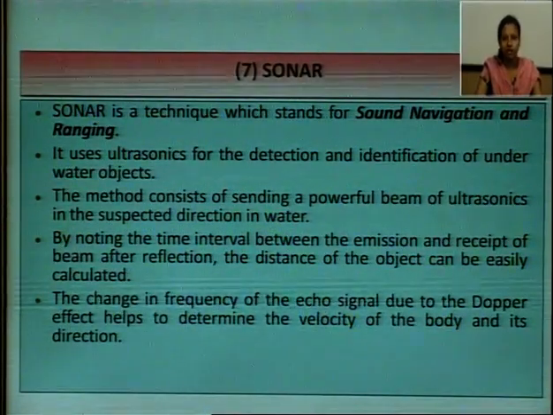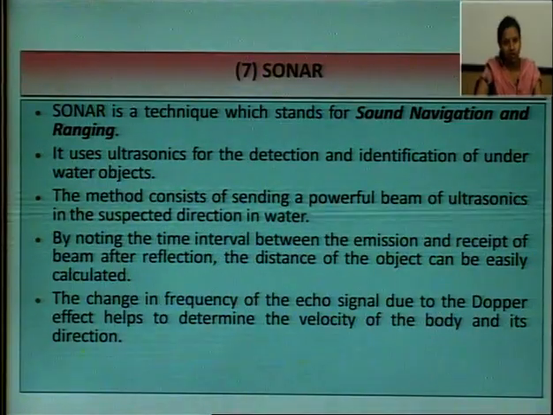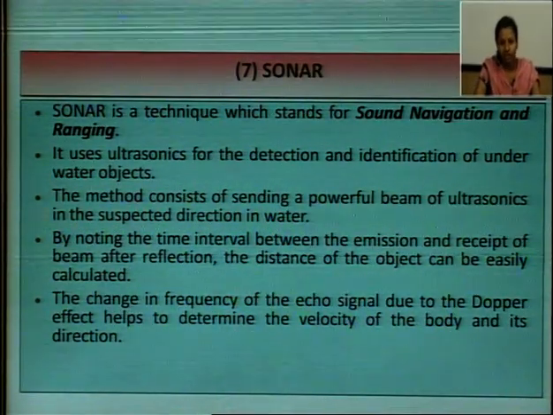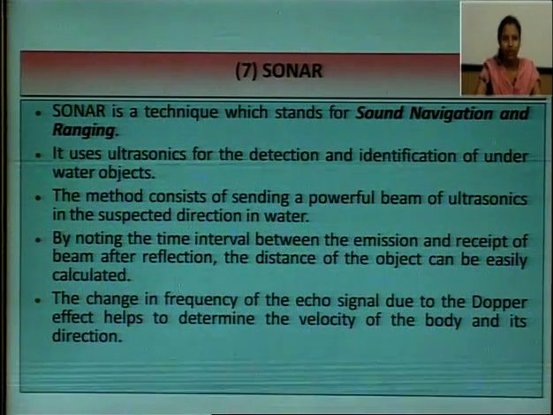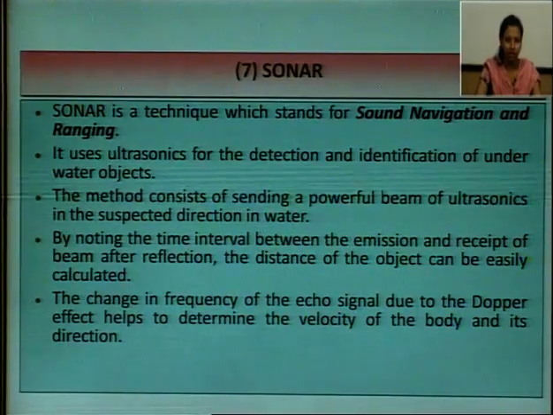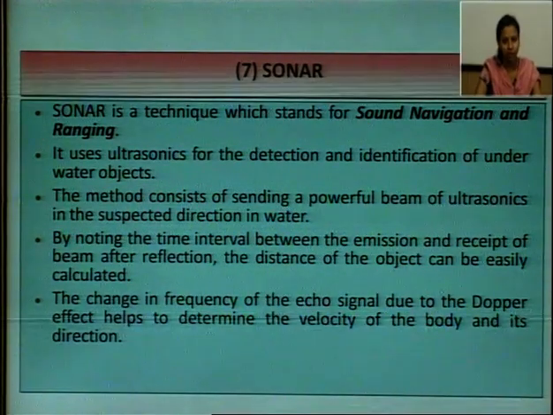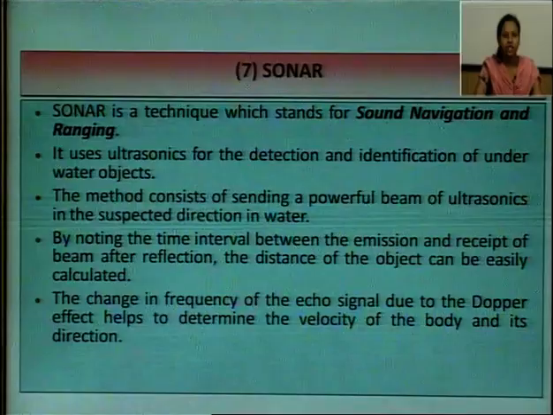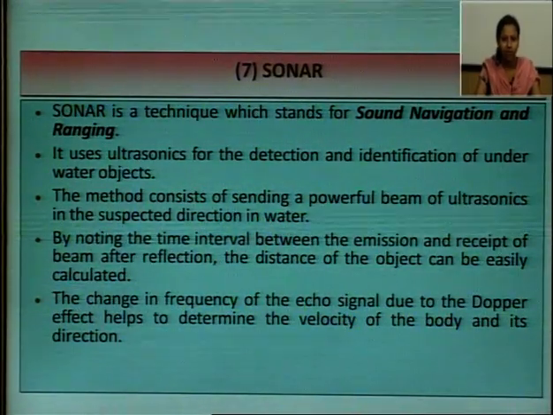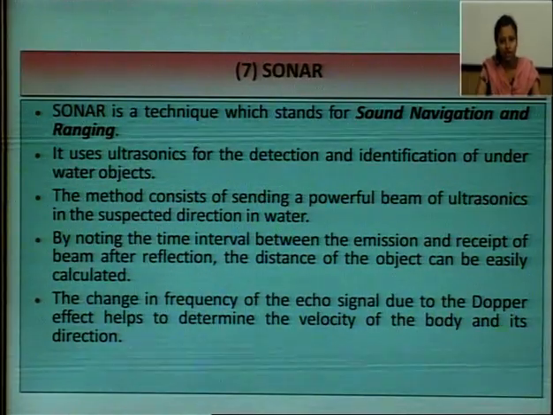The next application is sonar. The full form of sonar is sound navigation and ranging. It uses ultrasonic waves for the detection and identification of underwater objects. This method consists of sending a powerful beam of ultrasonic waves in the suspected direction in water.